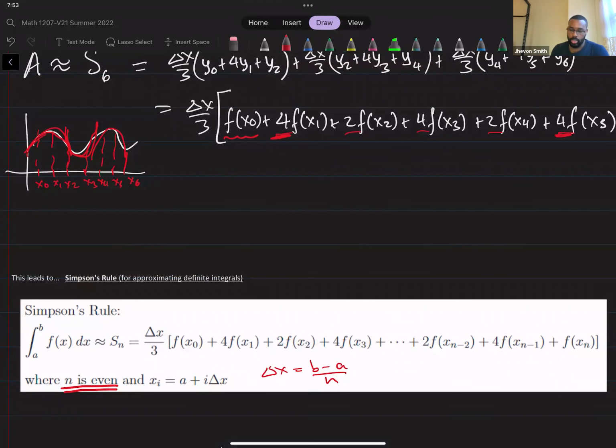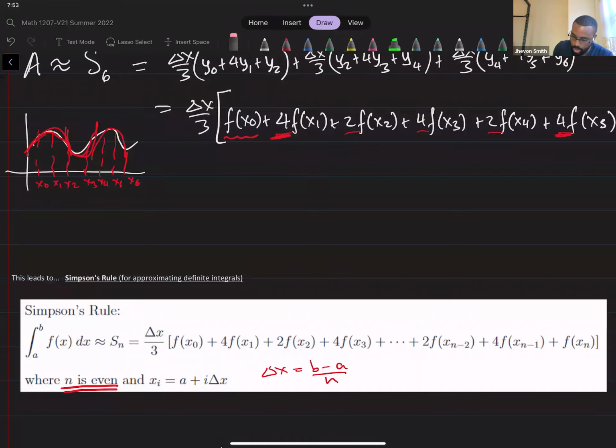And so you see this formula with the 4, 2, 4, 2, 4, 2 repeating. Again, nothing on the first or last, no coefficients other than 1. But the ones in the middle have this pattern: 4 times the y value, then 2, then 4, then 2, then 4. It flips between 2 and 4. It'll end on 4 on the second to last one. And then that will be the formula.